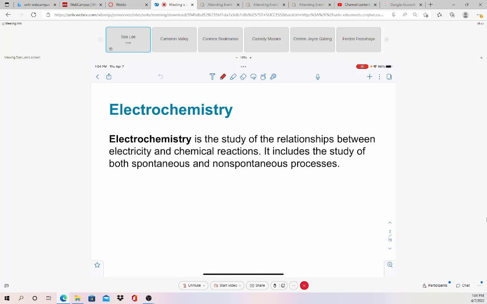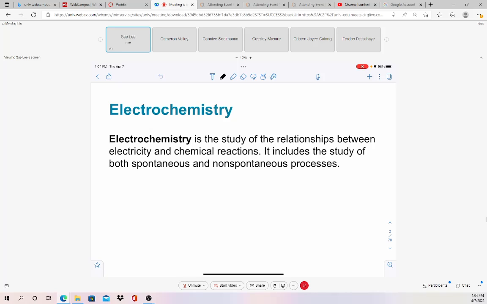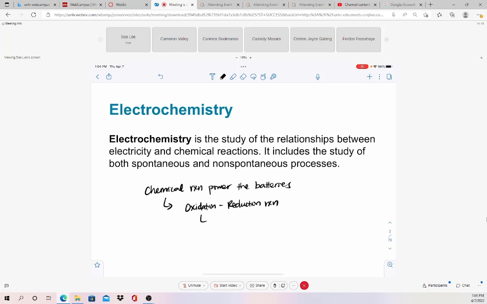The chemical reactions that power these batteries are oxidation reduction reactions, or it's called redox reaction.